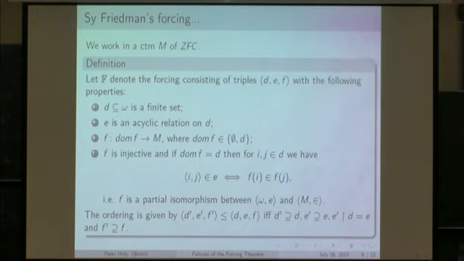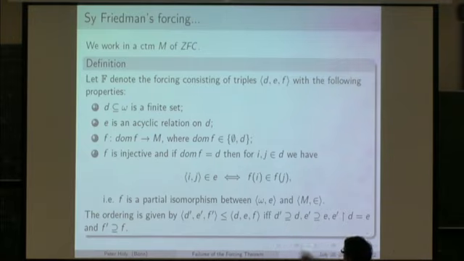Now the last point is the key point. f is supposed to be an injection, and if the domain of f is non-empty, then we want this relation E to reflect how the images of f behave under the epsilon relation in your model M. So E is just an isomorphic copy of the epsilon relation on the range of f. I should maybe say what the ordering is. The ordering is again the natural ordering.